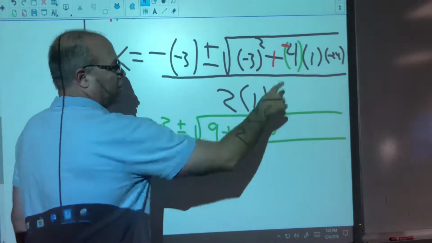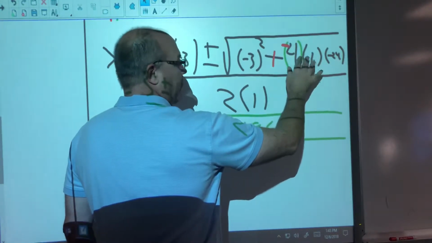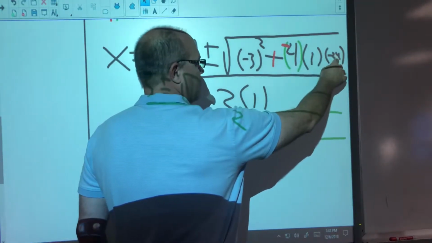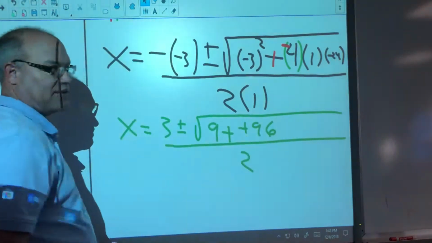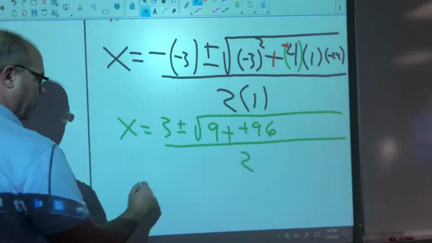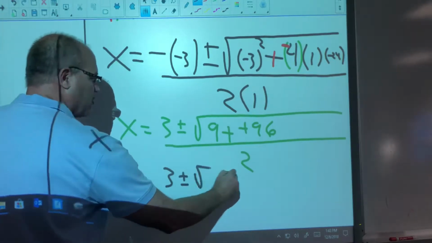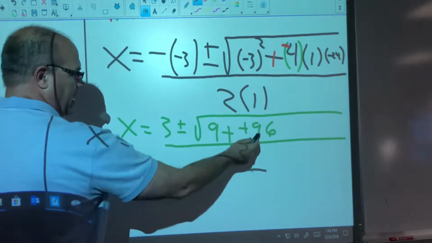Okay? So then you're going -4 times 1, you get -4, and then -4 times -24 is how you get the +96. So either way works. Do what works best for you. All right, so now we're going to simplify further. We're going to get x equals 3 plus minus square root of, what's that, 105?